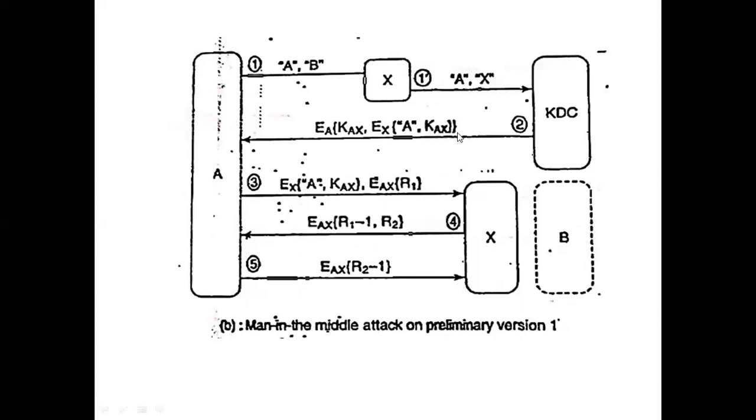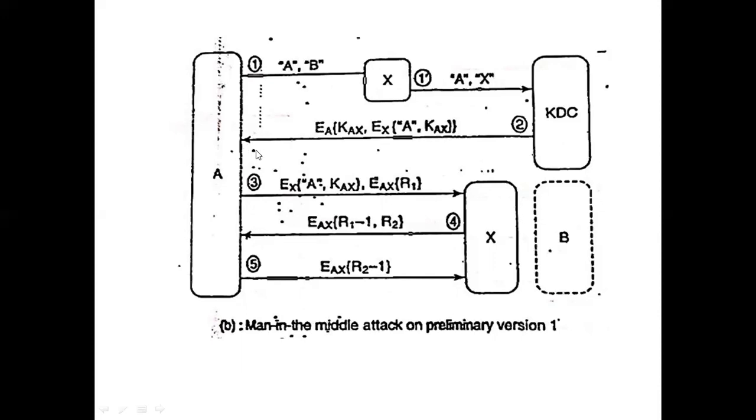The attacker X intercepts message 1, substitutes B with X, and sends the modified message to the KDC. In response, the KDC creates a ticket encrypted with X's long-term key and sends it in message 2.